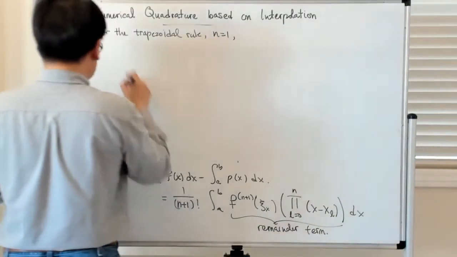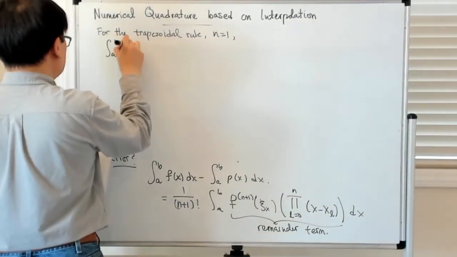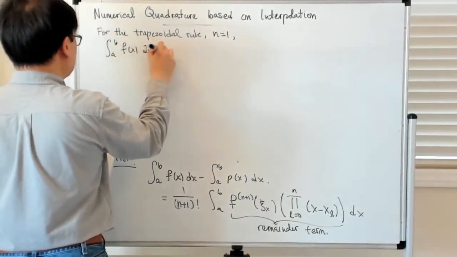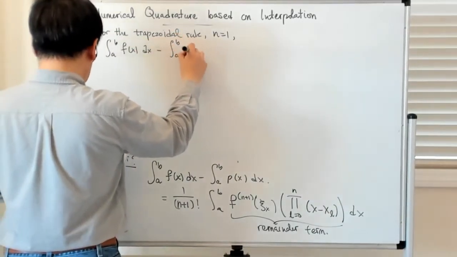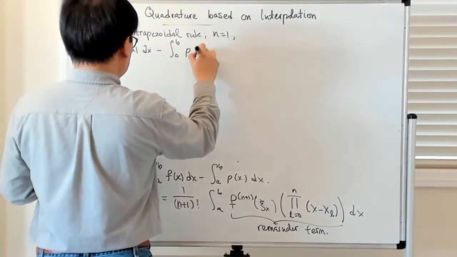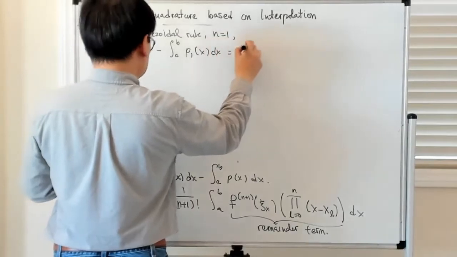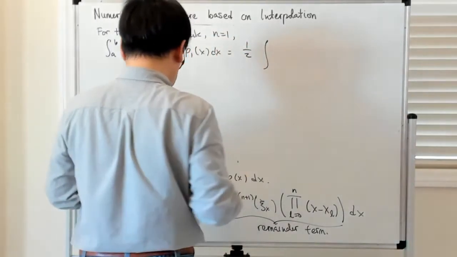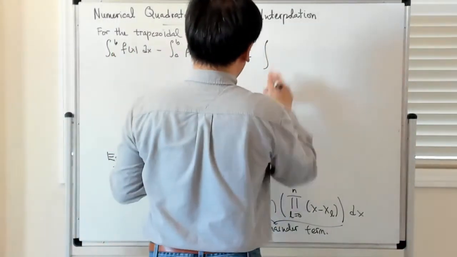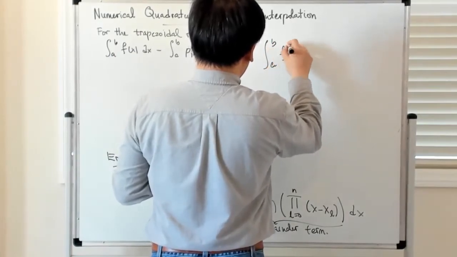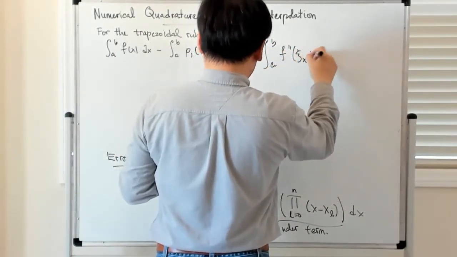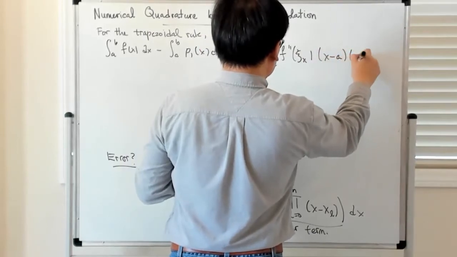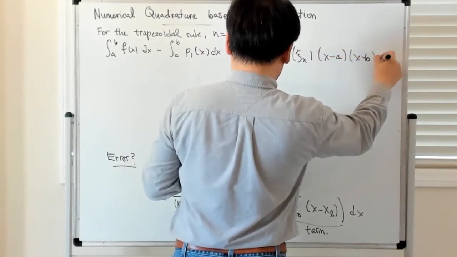So this gives you that the integral from a to b of f of x dx minus the integral from a to b of, let's write it p_1 of x dx is equal to 1/2 the integral from a to b of f double prime at some unknown point, x minus a, x minus b, dx.